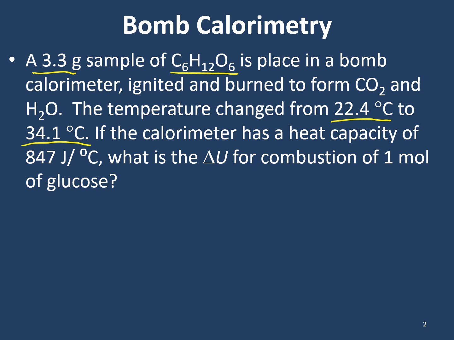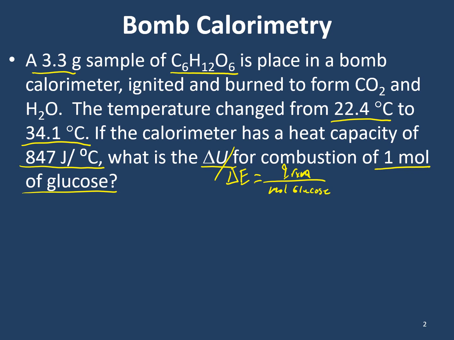If the calorimeter has a heat capacity of 847 joules per degree Celsius, what is delta U slash delta E, right? They're the same symbol for internal energy, per 1 mole of glucose. All right, so in this case, delta E slash delta U is going to be equal to Q of the reaction divided by moles of glucose because we're in per mole of glucose.